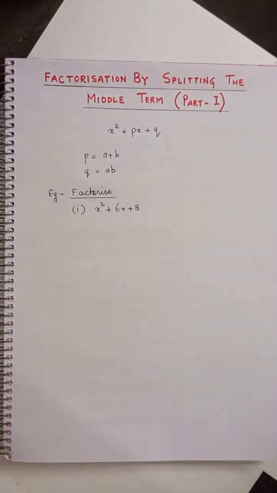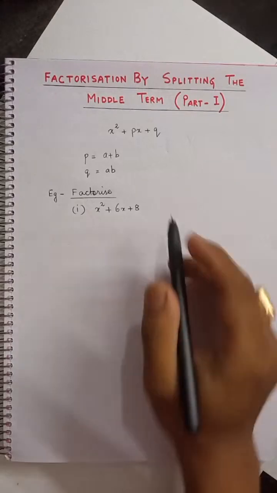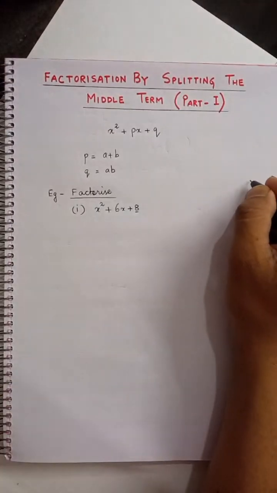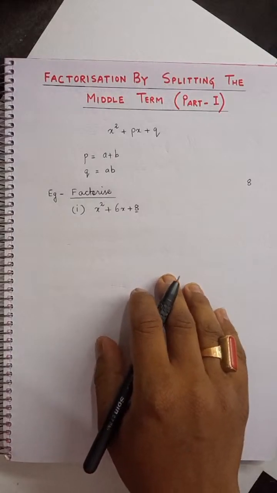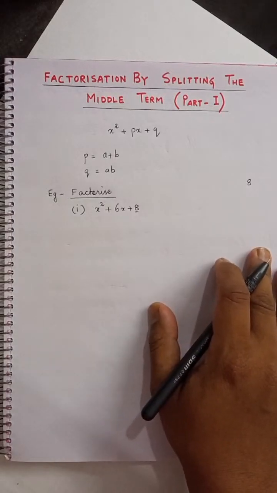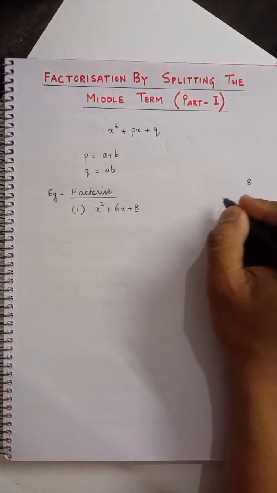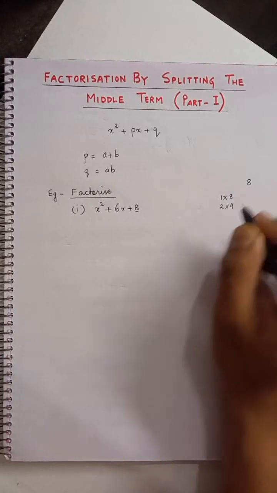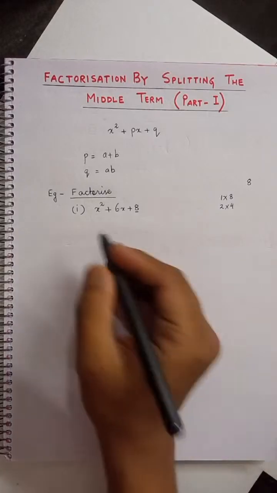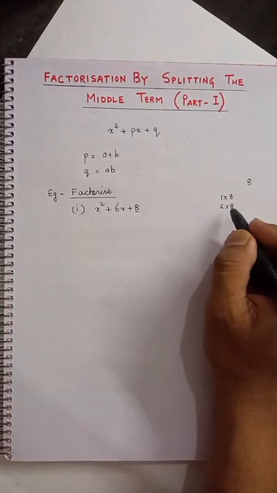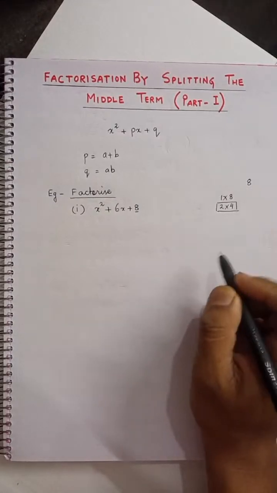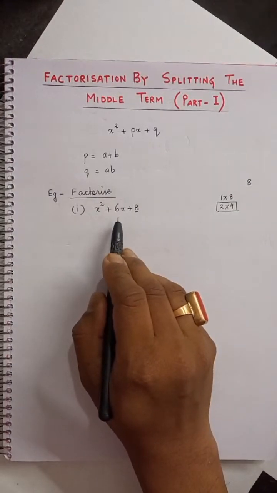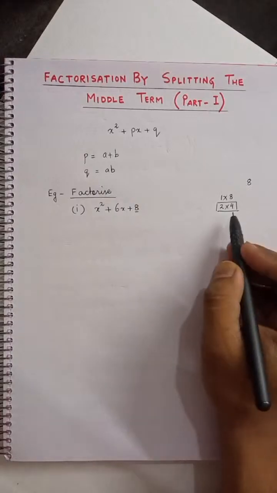Let's target this number 8 and find all the possible combinations by which we can obtain 8. 1 into 8 can be 8, and 2 into 4 can be 8. If we take 2 and 4 as the combination, 2 multiplied by 4 is 8 and 2 plus 4 is 6, right? So this is what we need.